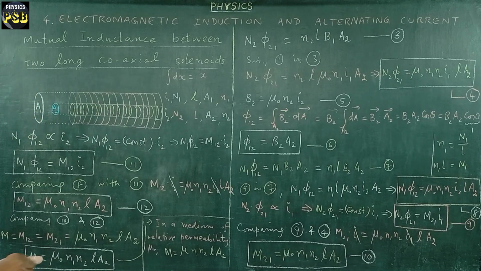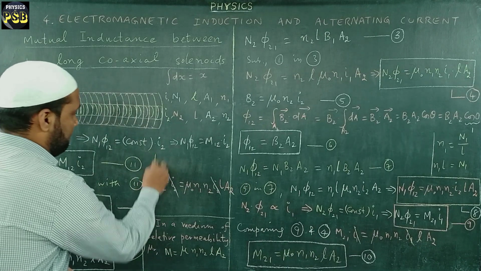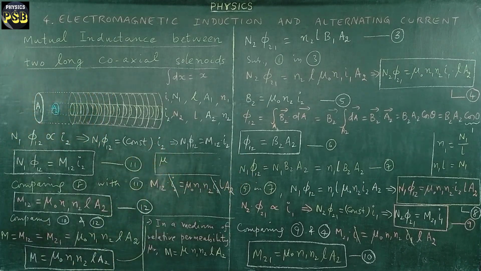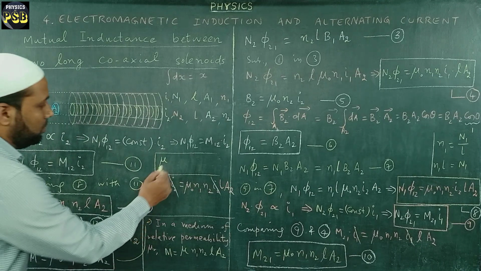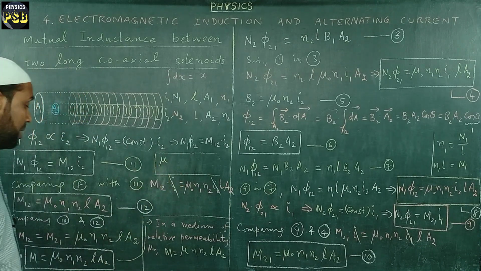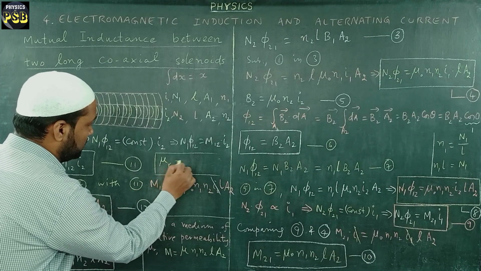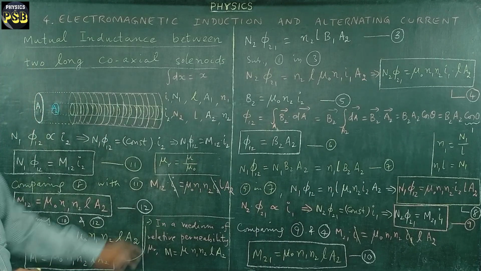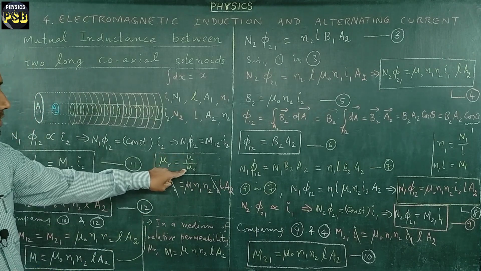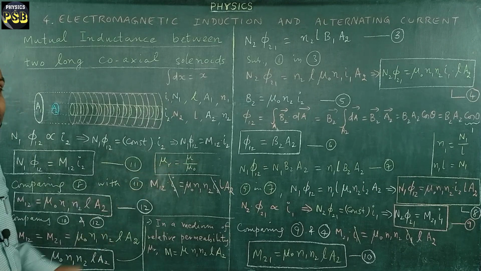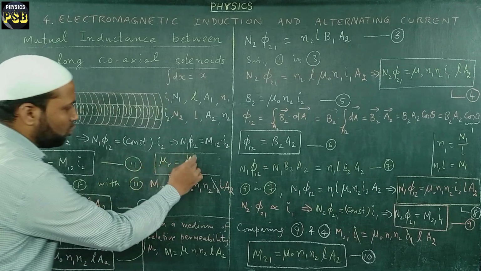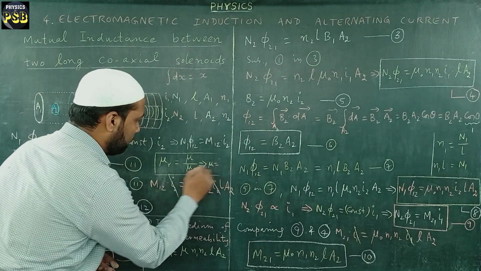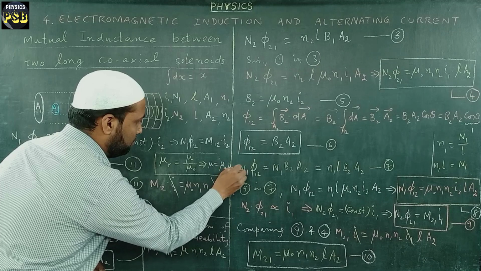And here we know very well the relation between relative permeability and permeability of free space is nothing but this. Mu r is equal to mu upon mu naught. Mu is the permeability of the medium, and mu naught is the permeability of free space. Okay, the ratio of these two provides us relative permeability. By keeping this in mind, if we cross multiply, what we get is nothing but this. Mu is found to be equal to mu naught multiplied with mu r.